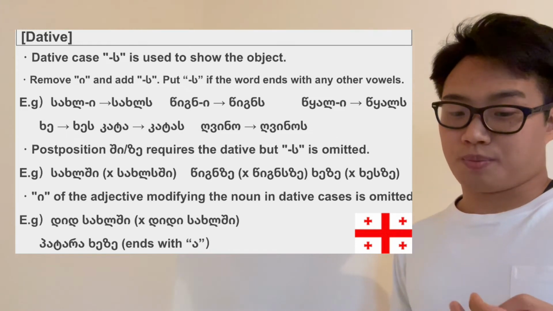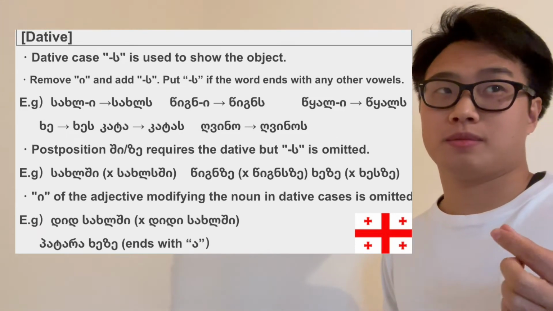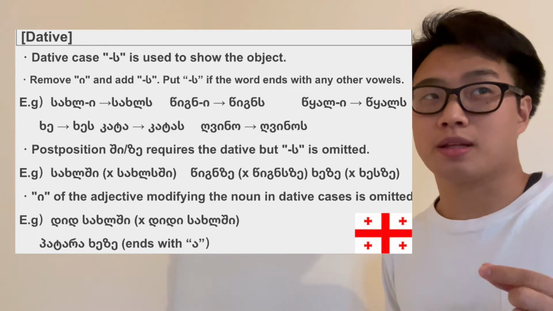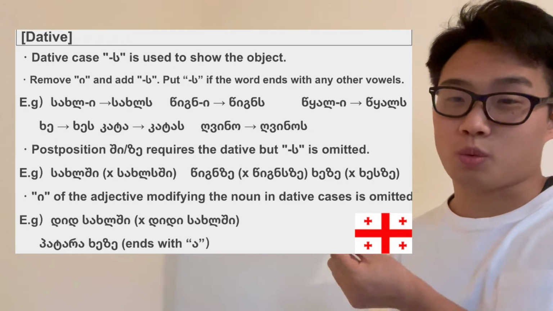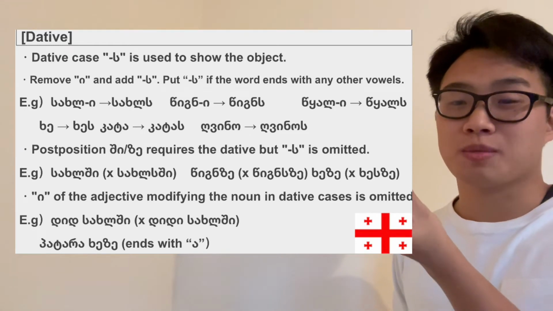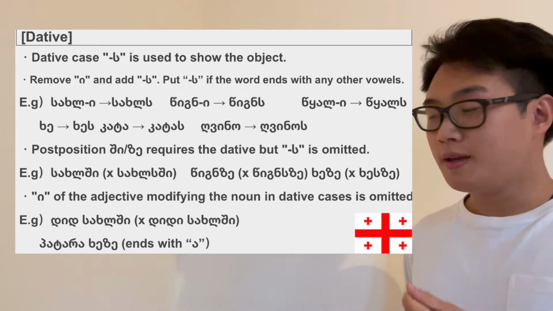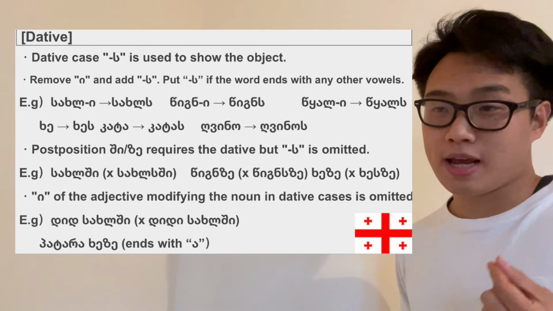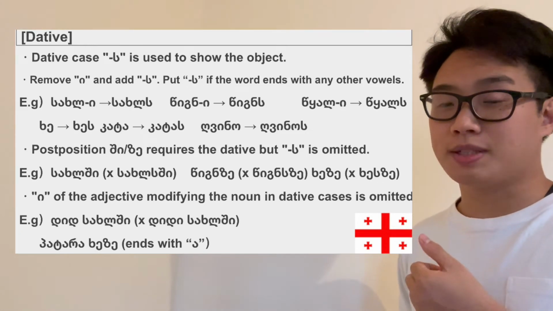So whenever you use the word in the dative case and there is an adjective modifying the noun, the e, the nominative case marker, it actually drops out. But if the adjective doesn't end with e, for example, atara, this rule doesn't apply.